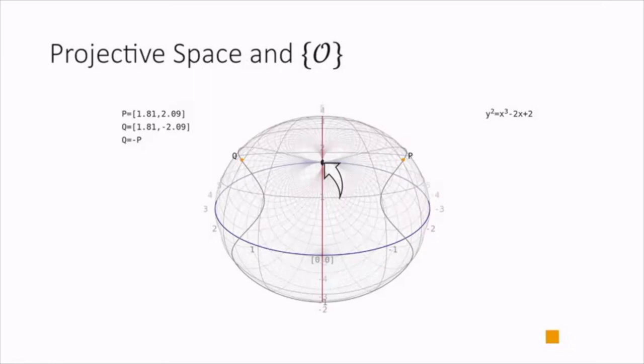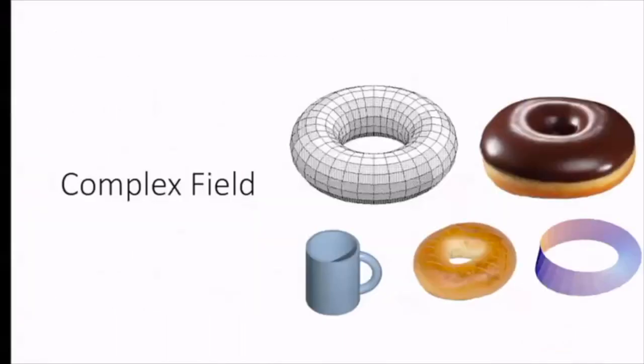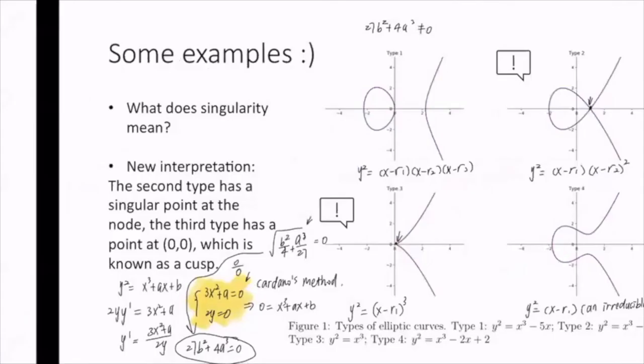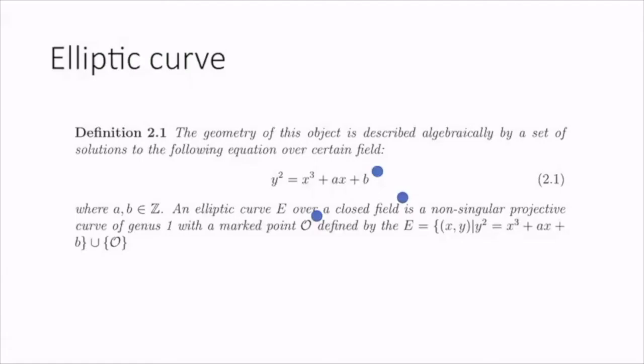So then we go back to our definition. We sort of have an idea about what it is. Okay, so we know what the geometry looks like. We also know what a field is.